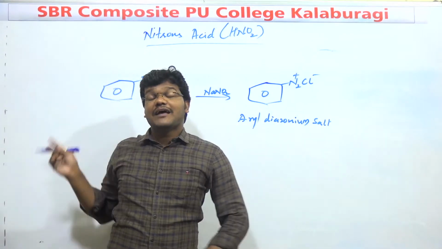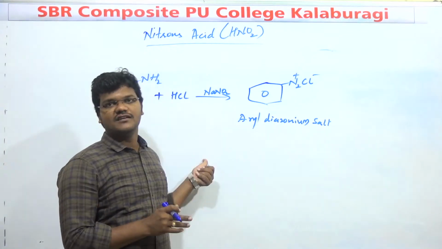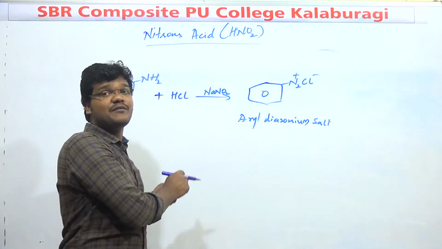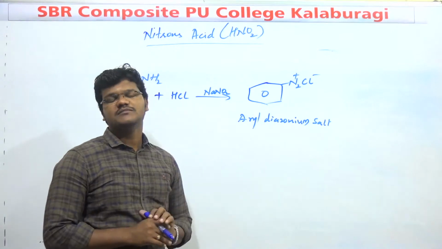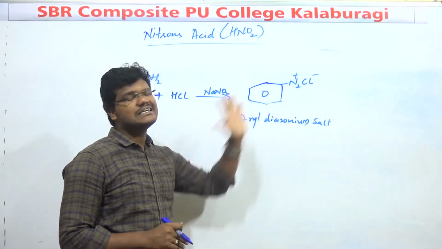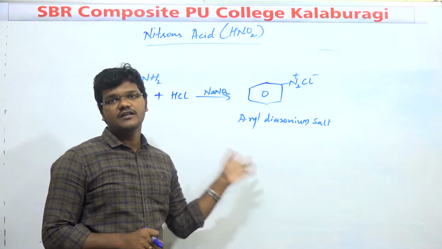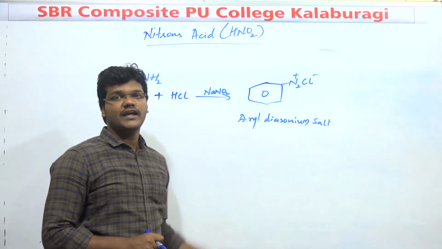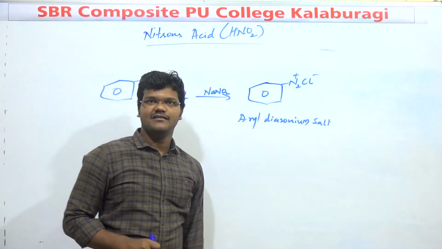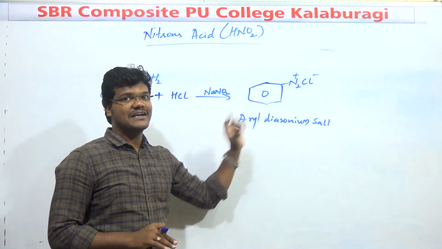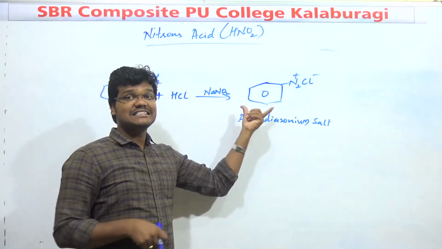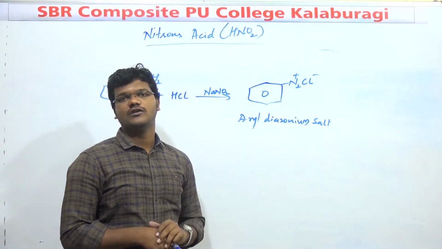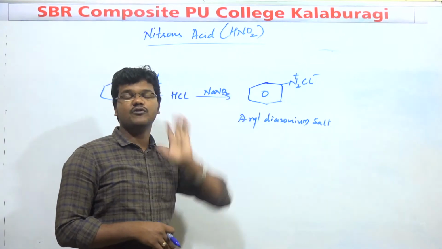So alkyl amines on reaction with nitrous acid gave alcohols, but aryl amines give you diazonium salts, the benzene diazonium salt. Clear? It won't further undergo any reaction to give phenol. Don't expect phenol here, because it is stable. Earlier the alkyl diazonium salt was unstable, which is why I used to get alcohol. But aryl amine will give you only the diazonium salt.